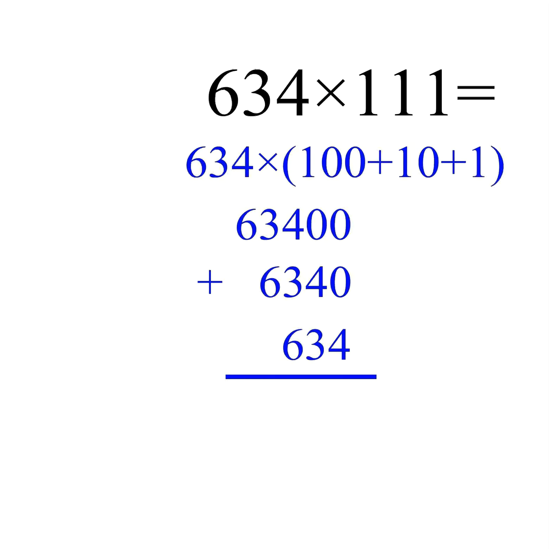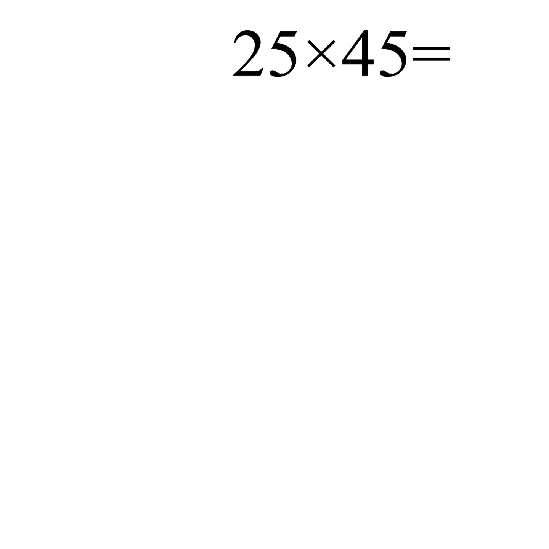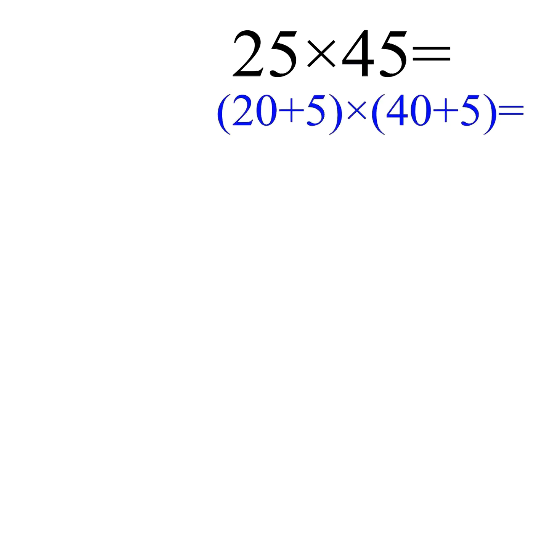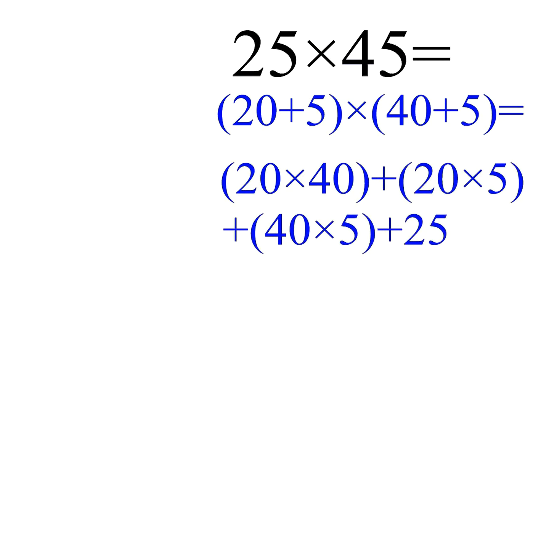Let's go to prove multiplying the numbers ending in 5 into each other. So for instance, here we can write 25 as 20 plus 5 and 45 as 40 plus 5. Now, if we use the distributive property for a couple of times, we could write it as 20 times 40 plus 20 times 5 plus 40 times 5 plus 5 times 5, which is 25.